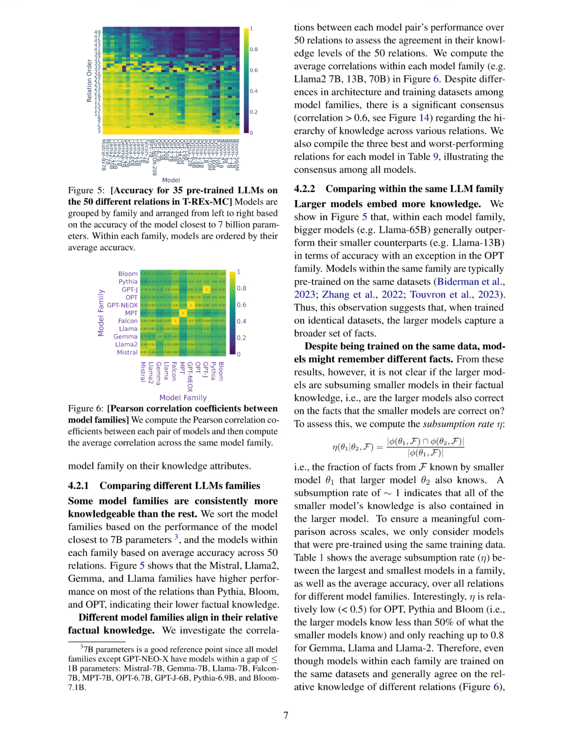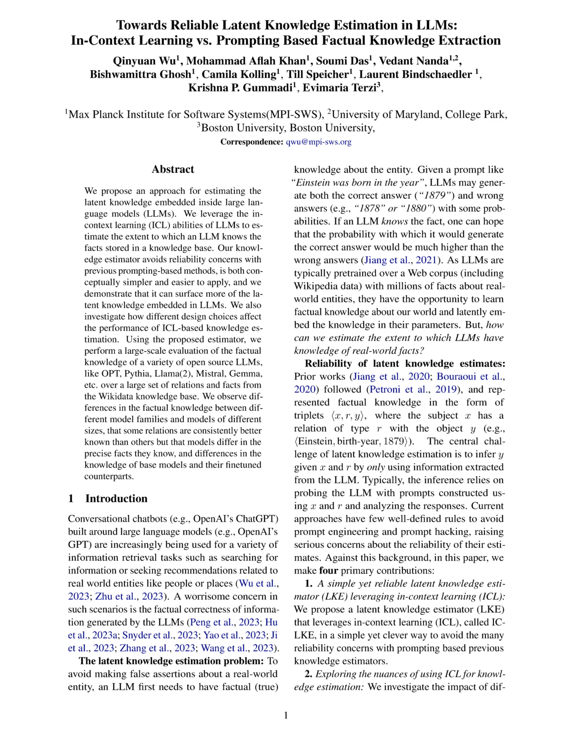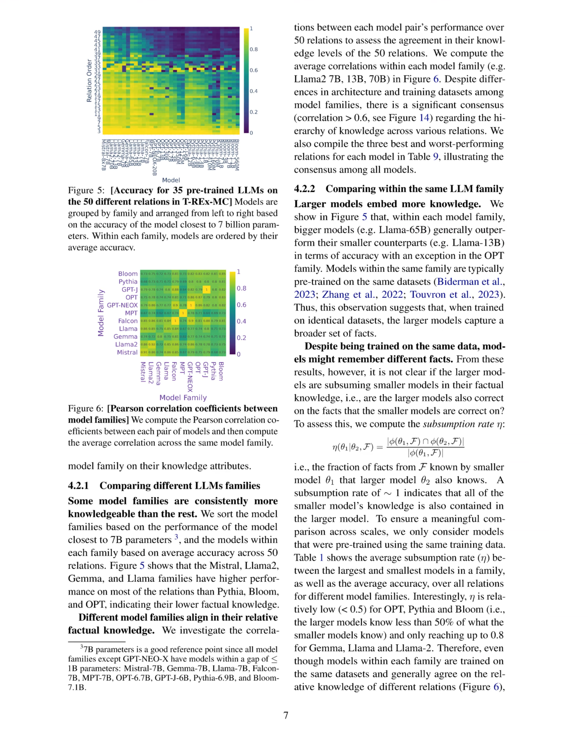Some model families, such as Mistral, Llama 2, Gemma, and Llama, consistently demonstrate higher factual knowledge performance across various relations compared to Pythia, Bloom, and OPT families, indicating varying levels of knowledge across different model families. 2. Larger models within each family generally outperform their smaller counterparts in terms of accuracy, suggesting that larger models tend to capture a broader set of facts due to their increased capacity.